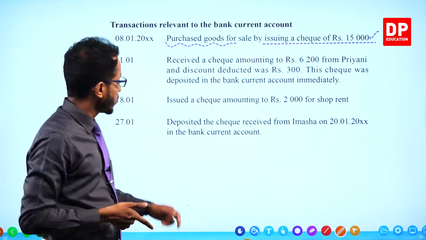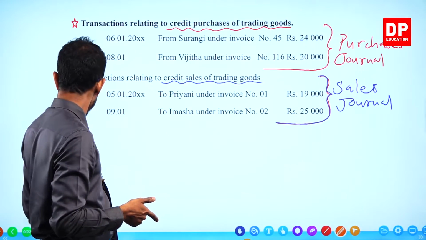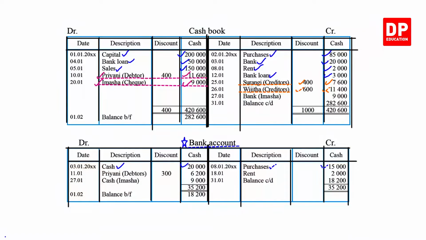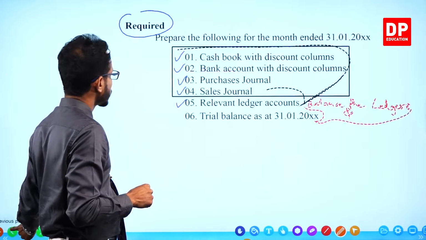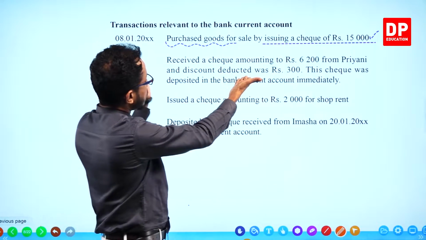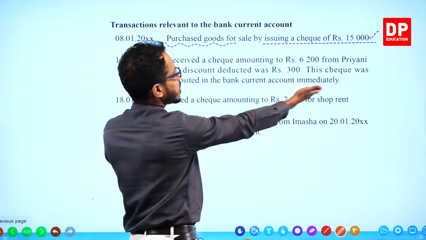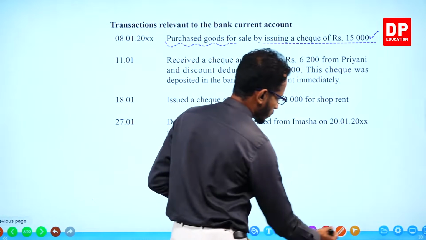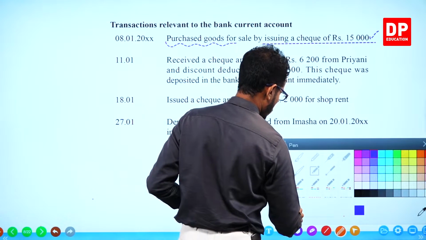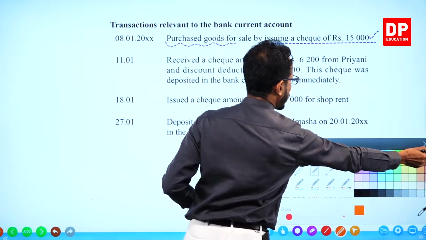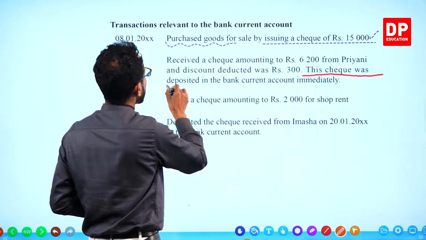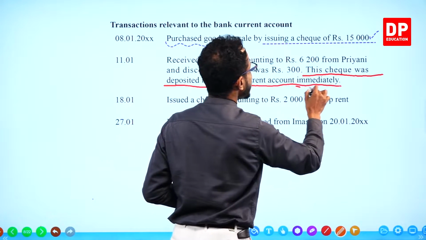In that case, we should enter the check in the cash book, but not here. Because here it says the check was immediately deposited in the bank. That is an important thing to remember. This check was deposited in the bank immediately.